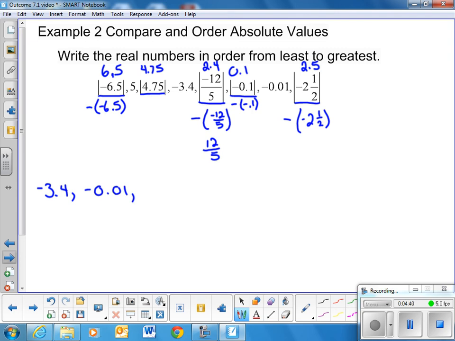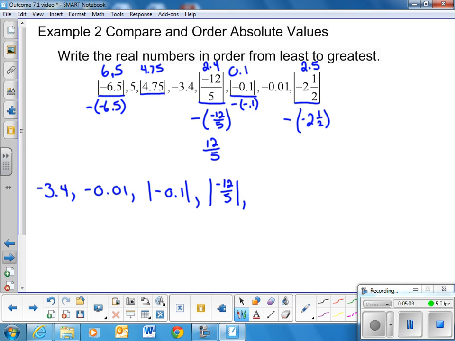Moving on to the positive side, the smallest number that we have would be 0.1, which started off as the absolute value of negative 0.1. The next largest decimal that we have is 2.4, which started as the absolute value of negative 12 over 5.